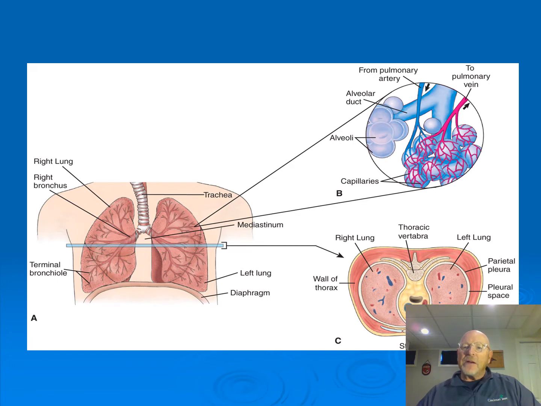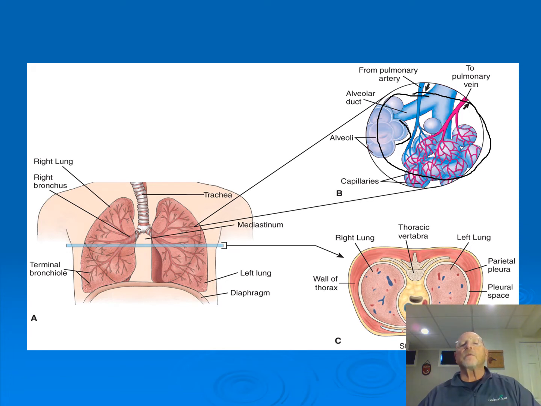These are the capillaries that are bringing CO2 to the alveoli to be exhaled out, and there's also the capillaries that are taking oxygen and bringing it to the cells of the body. This area here is on the outside of the alveoli. That's the semi-permeable membrane.